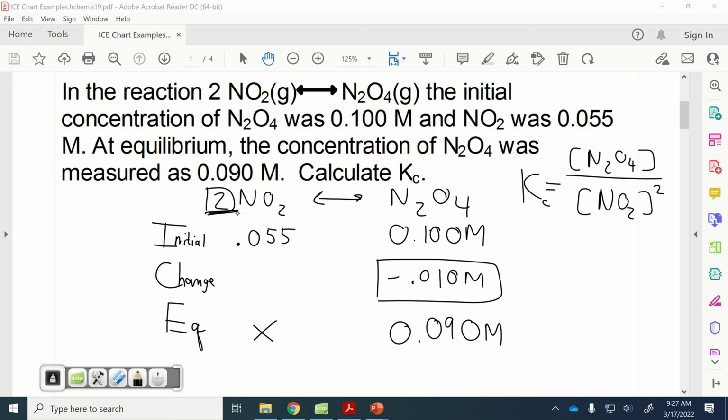It takes 2 moles of NO2 to react, and basically this is a synthesis reaction. I need 2 NO2s to come together to form 1 N2O4. So this coefficient is what I'm going to multiply the change in concentration by when I need to, for the ICE chart.